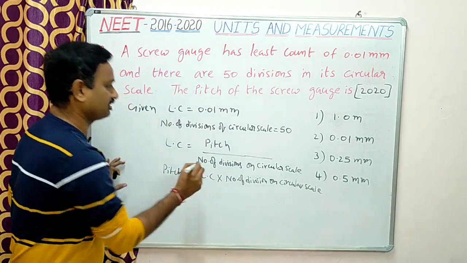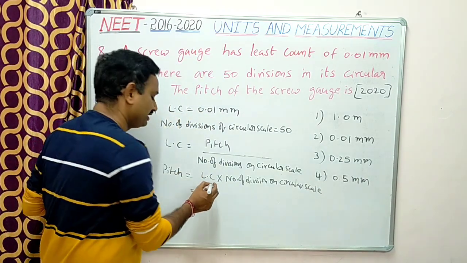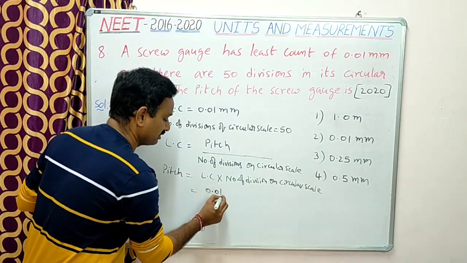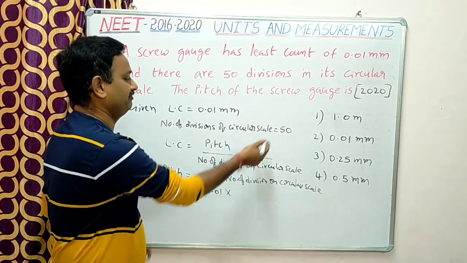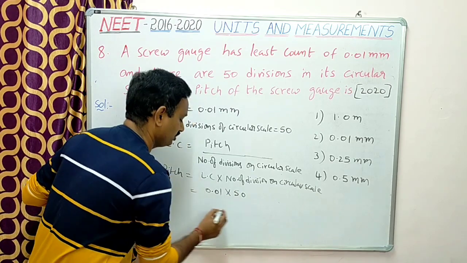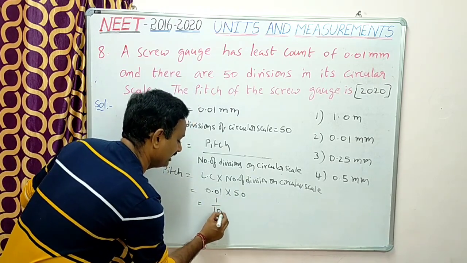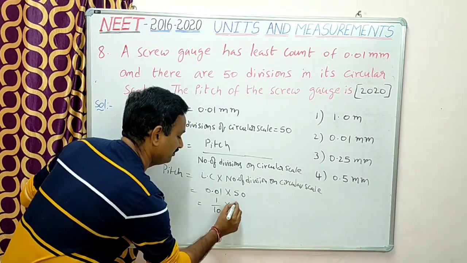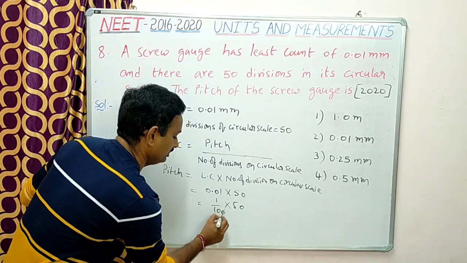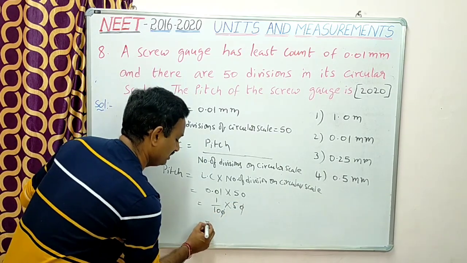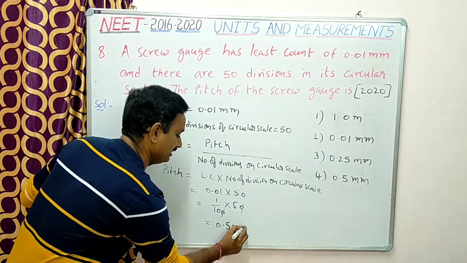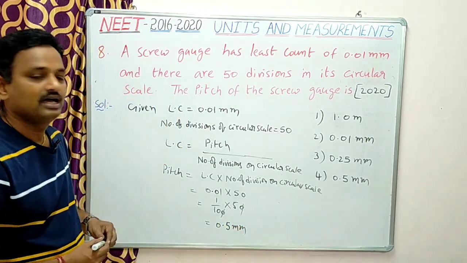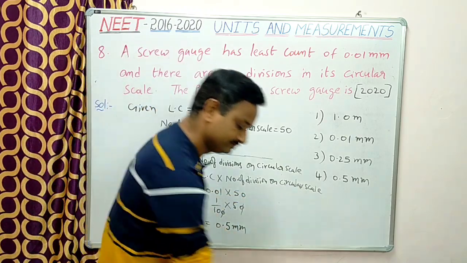So here least count 0.01 mm into number of divisions on circular scale 50. So I will write this one 1 by 100 into 50. So 0 0 cancel. So I will get 0.5 millimeter. That is option 4.